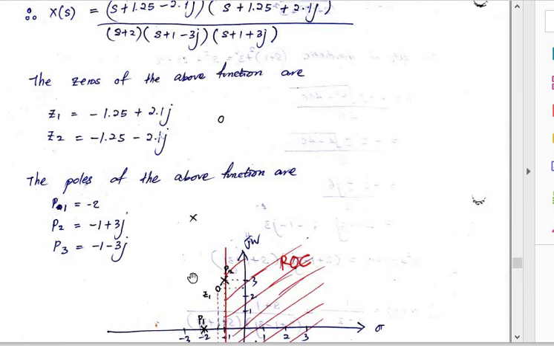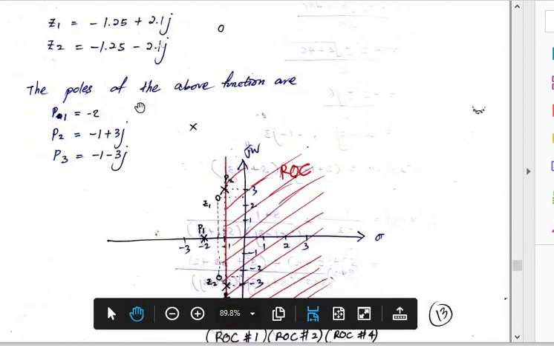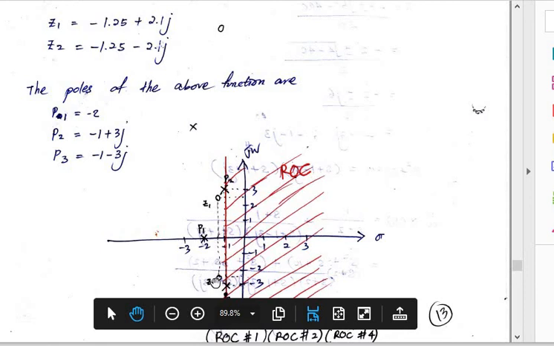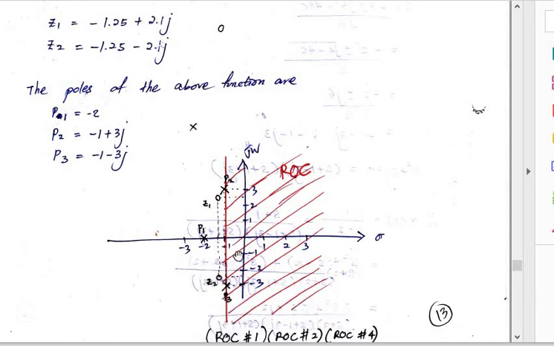So we can plot it in the s-plane, just like Z1 and Z2. Negative 1.25 plus 2.1j, so we get a circle here. This is Z1. And Z2 is negative 1.25 minus 2.1j. For pole 1, it is negative 2, here.